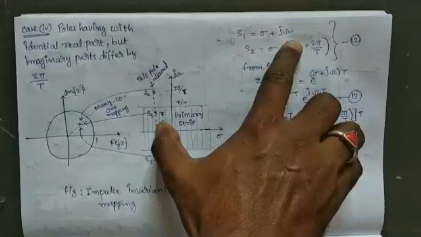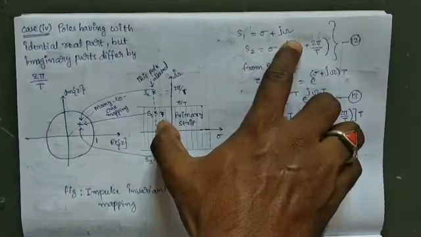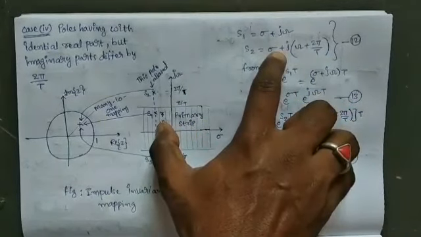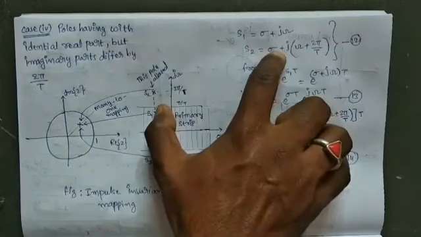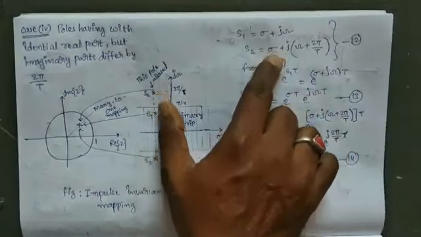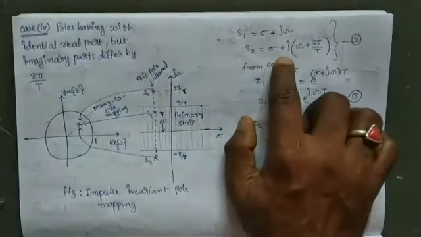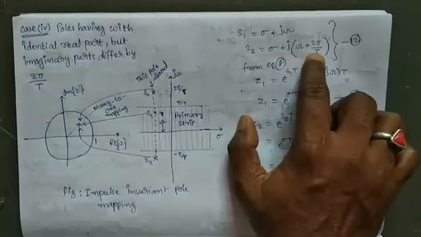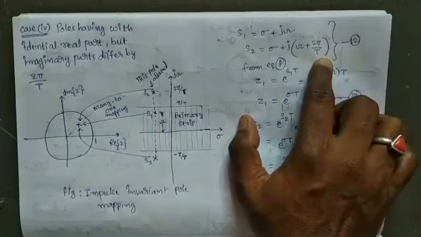S2 is equal to sigma plus j omega plus j 2 pi by T. Simply it can be written as S2 equal to sigma plus j of omega plus 2 pi by T.